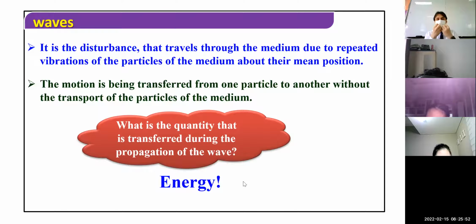And my energy travels from my lip through this entire room, forward, backward, left, right, everywhere my sound is going. Basically, the energy is propagating in all directions.